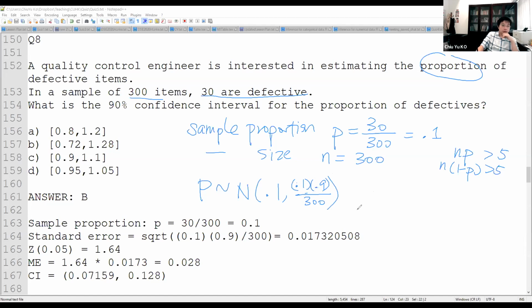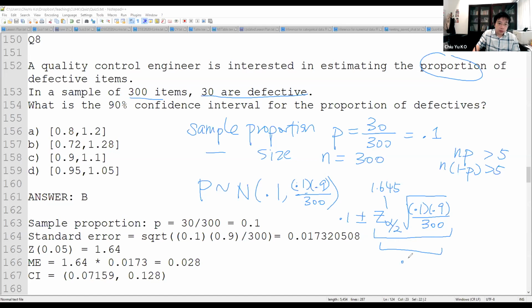So the confidence interval will be 0.1 plus or minus z alpha over 2 times the square root of 0.1 times 0.9 over 300. So this is the margin of error. For 90%, z is 1.645 or 1.64, depending on what you use. So this turned out to be 0.028.